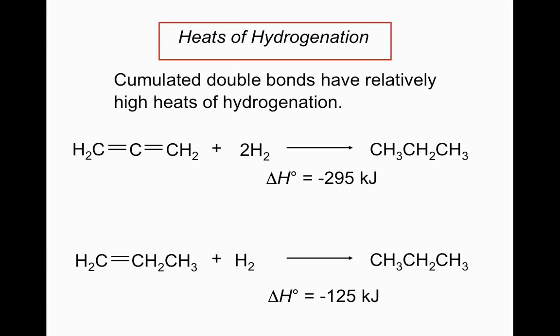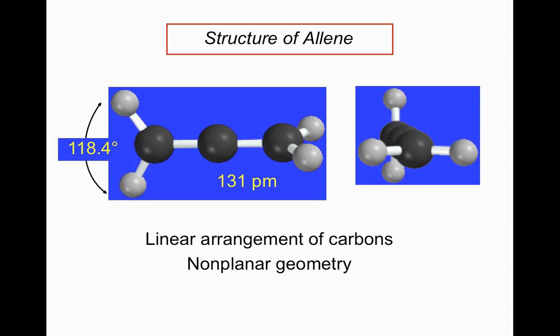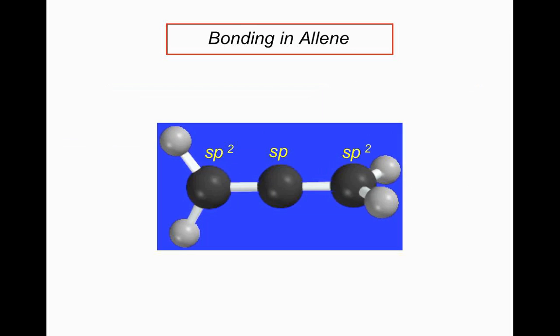Notice that the cumulated diene in this structure has a much higher heat of hydrogenation than the single alkene in 1-propene. The reason for this is because the two terminal carbons in the propadiene structure are orthogonal to one another. The linear structure of the cumulated diene creates a non-planar geometry around the functional group.